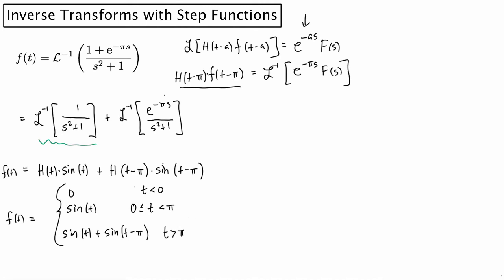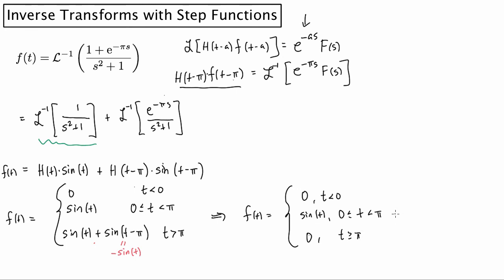If we look at the third part of this, though, sine of t minus pi is the exact same thing as negative sine of t. So what we're really looking at here is the following function: f of t equals 0 for t less than 0, sine of t for t between 0 and pi, and 0 for t greater than or equal to pi, which we have a name for.